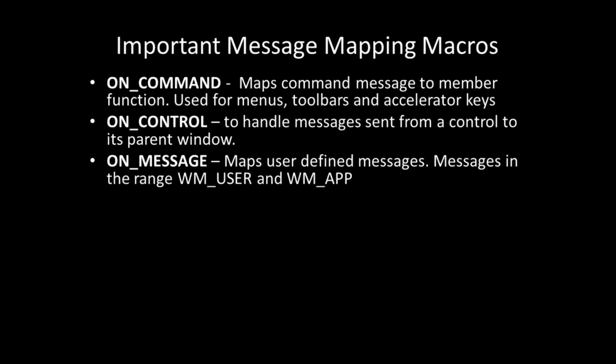Now, if we want to define our own message, there may be many instances where you want to send a message from one module of your application to another module of your application. Or you may have to send messages from one application to another application. So in that case, we can define our own messages, and those messages can be handled, and you can write a program for that particular message.